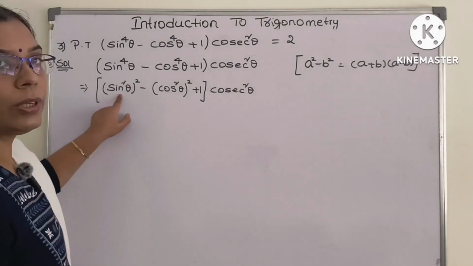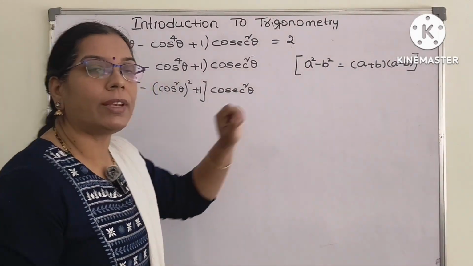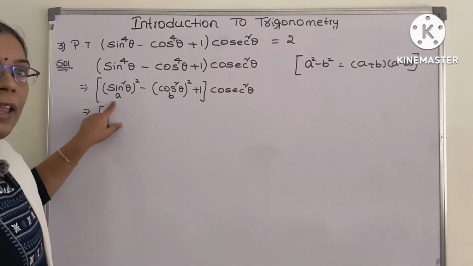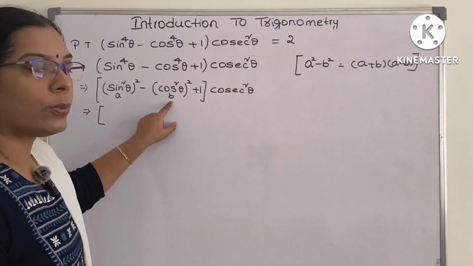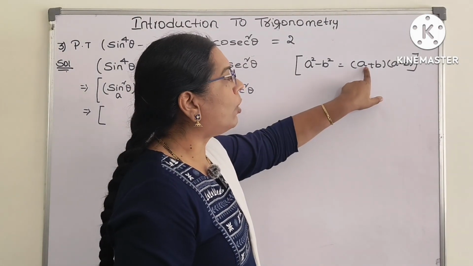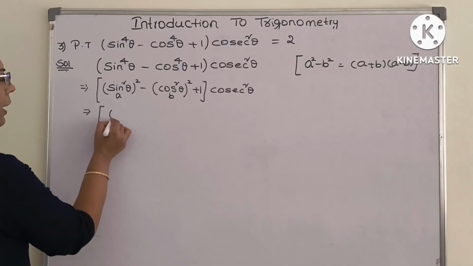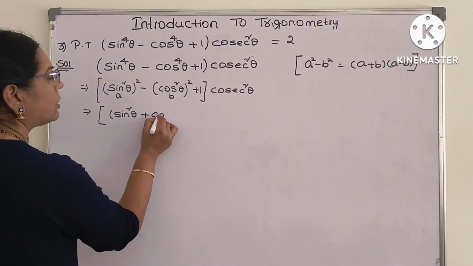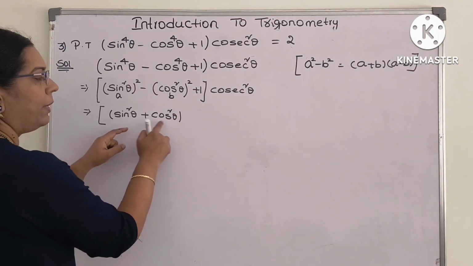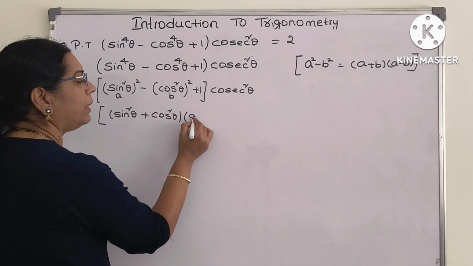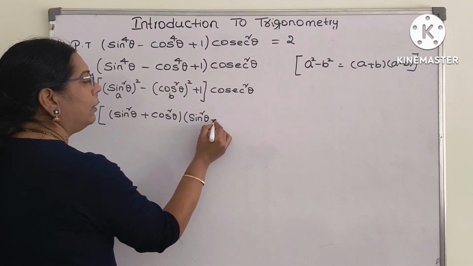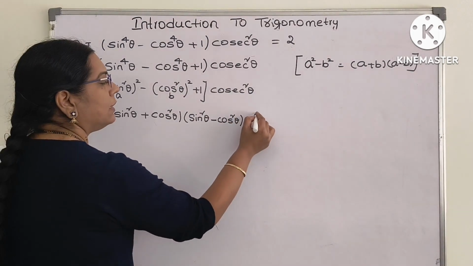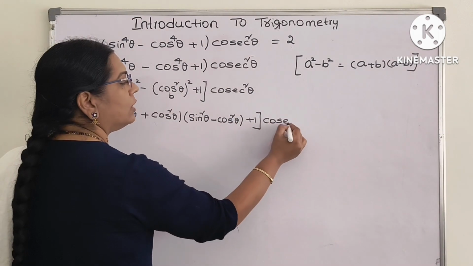Now this part is looking like a² − b², so we will write it as (a + b)(a − b). What is my a? a is sin²θ, b is cos²θ. So I should rewrite it in the form of (a + b)(a − b): (sin²θ + cos²θ)(sin²θ − cos²θ), close bracket, and then put plus 1 as it is, close it with a square bracket, cosec²θ.